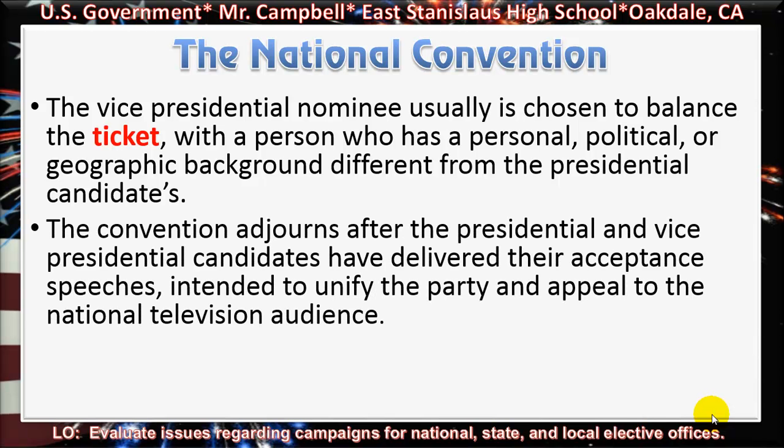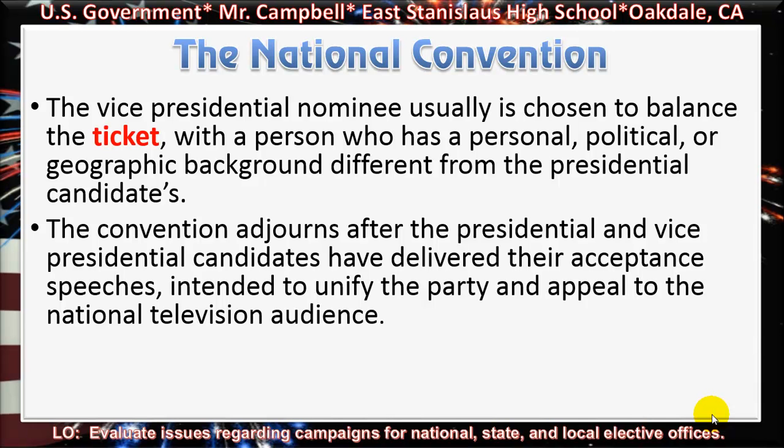The convention adjourns after the presidential and vice presidential candidates have delivered their acceptance speeches, which are intended to unify the party and to appeal to the national television audience. And also, this truly marks the beginning of their campaign. Whichever party has their convention first is probably going to get a nice boost in the polls coming off of their convention, until the other party has their convention.